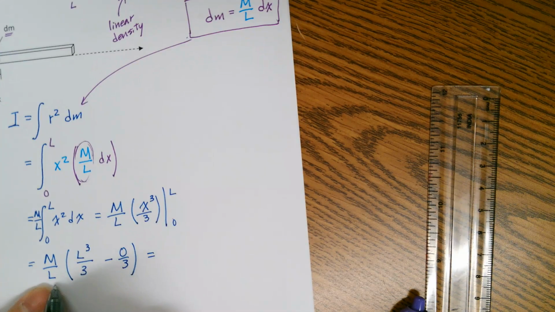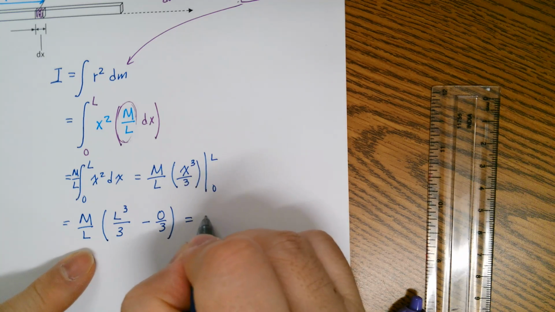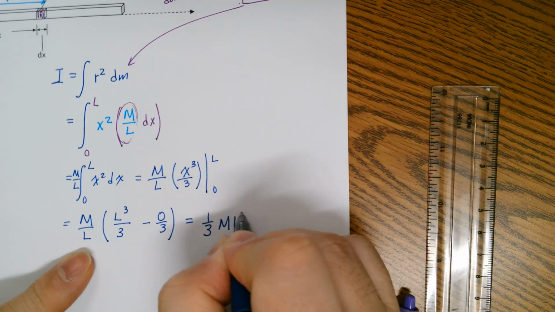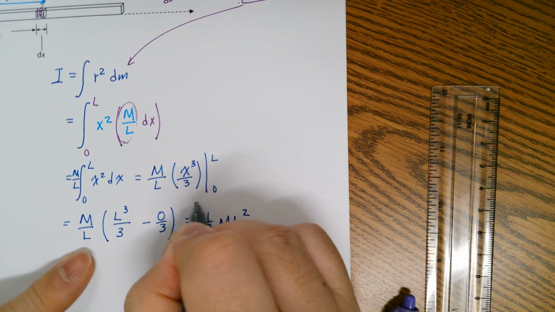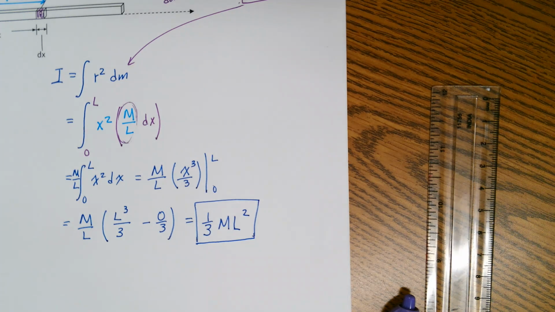Therefore, one of the L's at the bottom and L cubed will cancel out, giving me 1/3 m L squared. Okay?